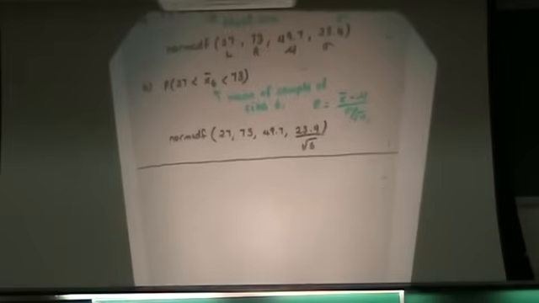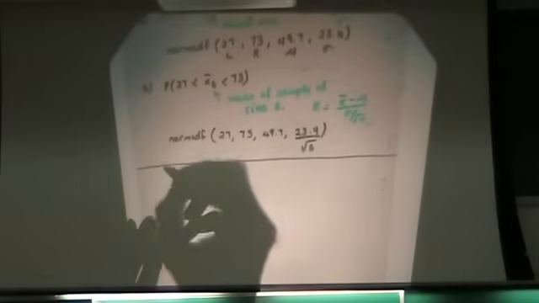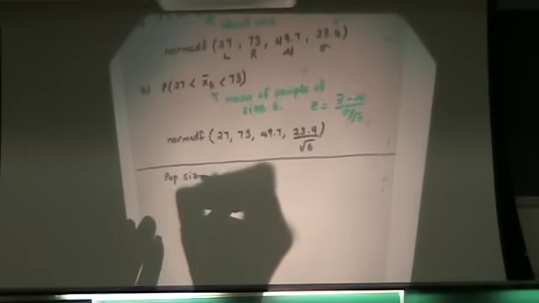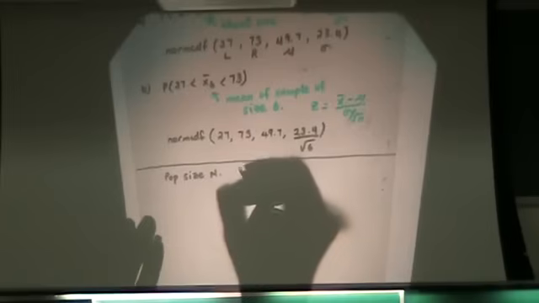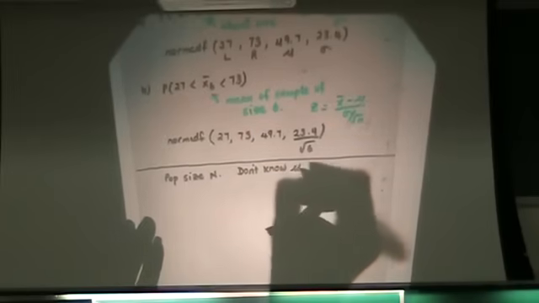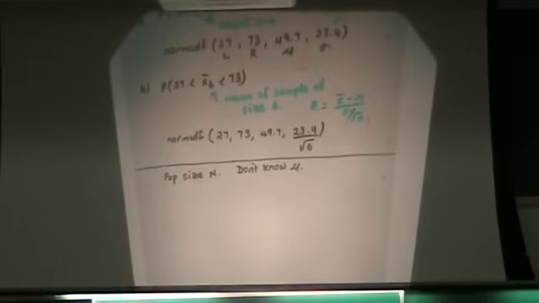Let's say that you have a population of size n, and you don't know mu. Mu is unknown. The population mean is unknown.